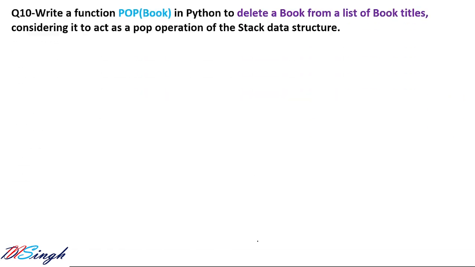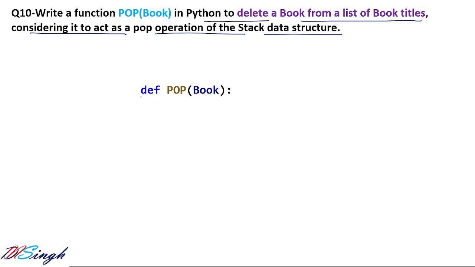Moving ahead to the next question: write a function pop book in Python to delete a book from the list of book titles, considering it to act as a pop operation of the stack data structure. Fine, let us define this pop function. Def pop, and book is a list which is treated as a stack. We need to check the length of this book.